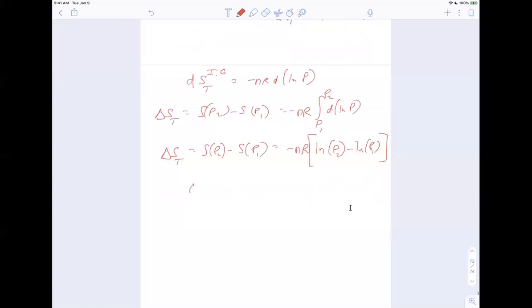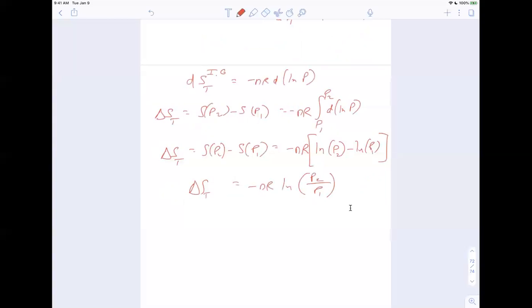But we know that we can combine that as minus nR natural log of P2 over P1. And that's actually how we would compute this.